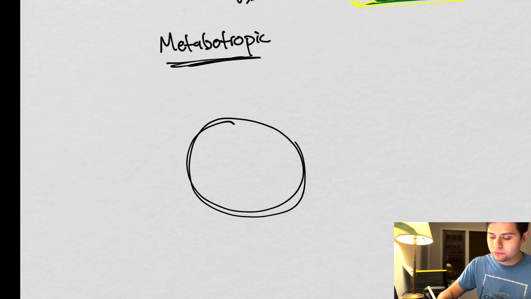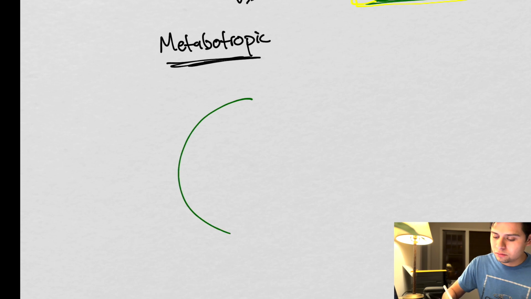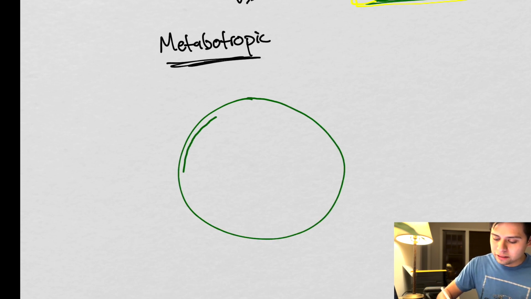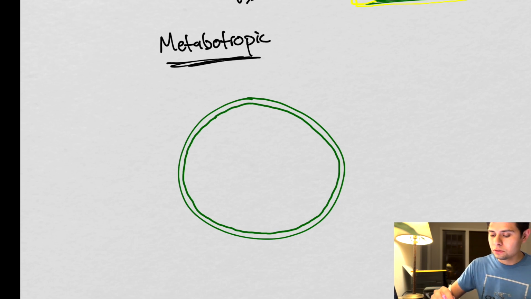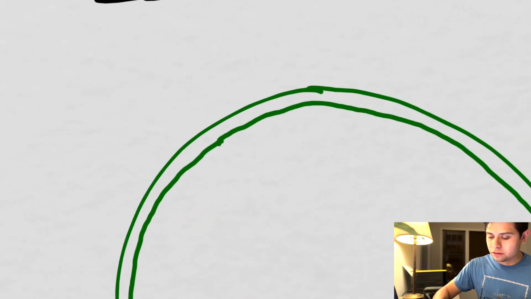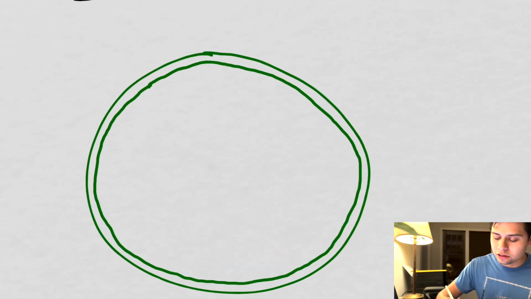So here's our cell. Actually, I'm going to erase this really quick. You're going to have a cell, I'll do it in green, and it's got a lipid bilayer. Let's see if I can do a decent enough circle. So this is our lipid bilayer, and say inside of our cell we have our organelles.